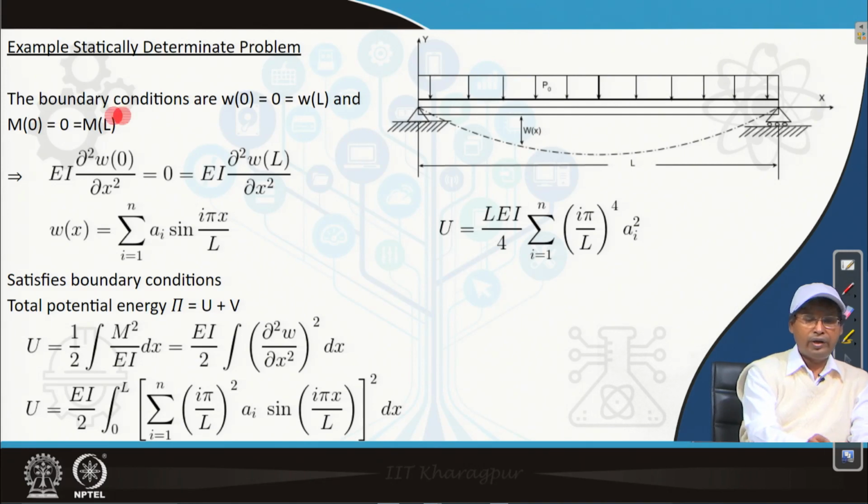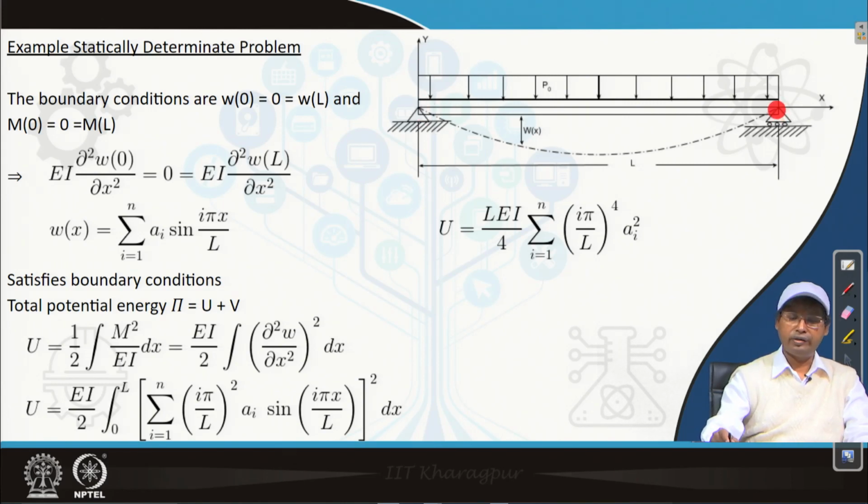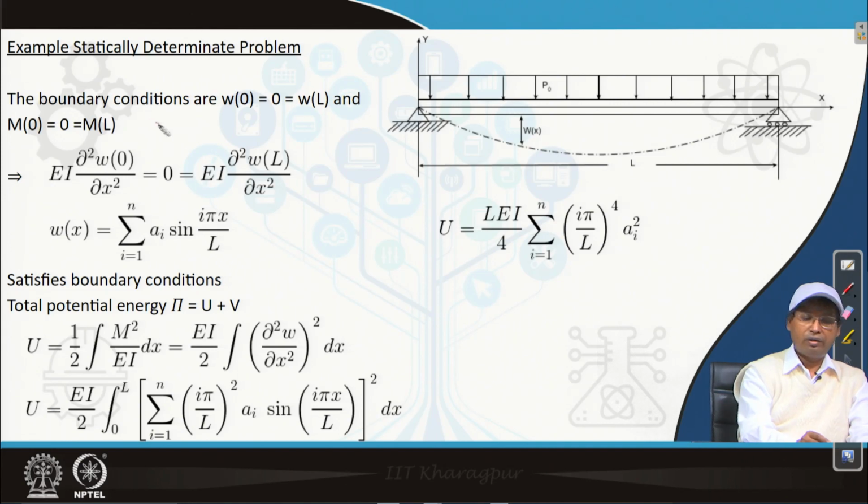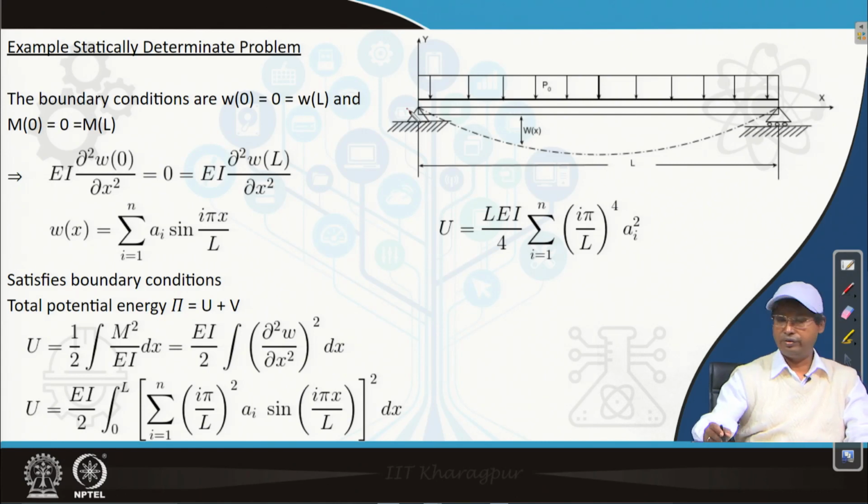So, the boundary conditions are W 0 equals 0 and W L is also equal to 0. That means we are supposed to assume the function W such that at this point it is equal to 0 as well as at this point it is equal to 0. The W x is supposed to be something like this, and it also has to satisfy the moment boundary condition here, that is M 0 equals 0 and M L equals 0.